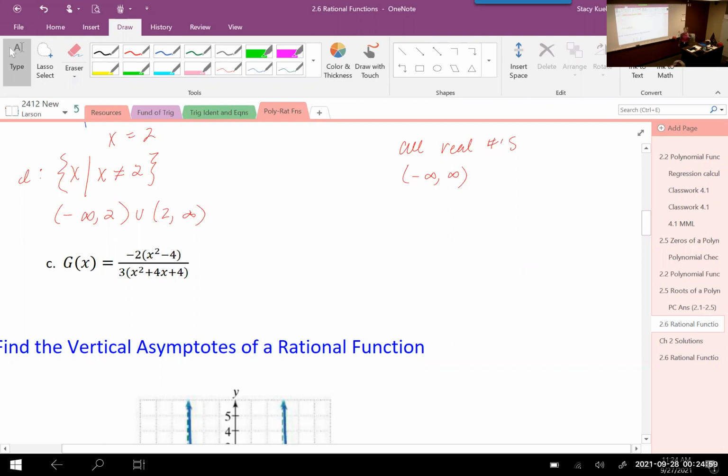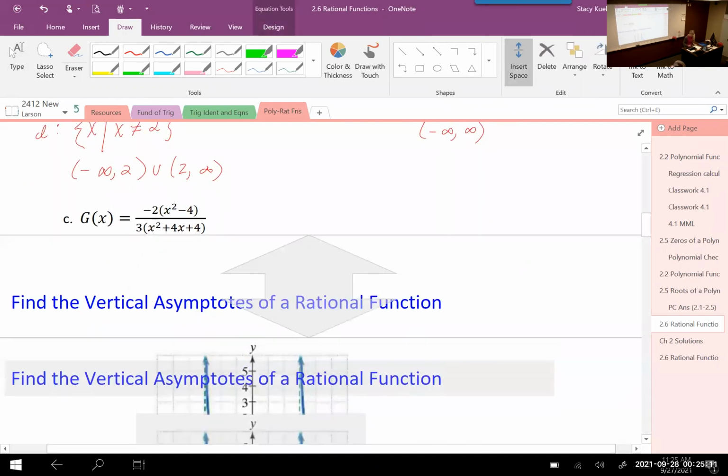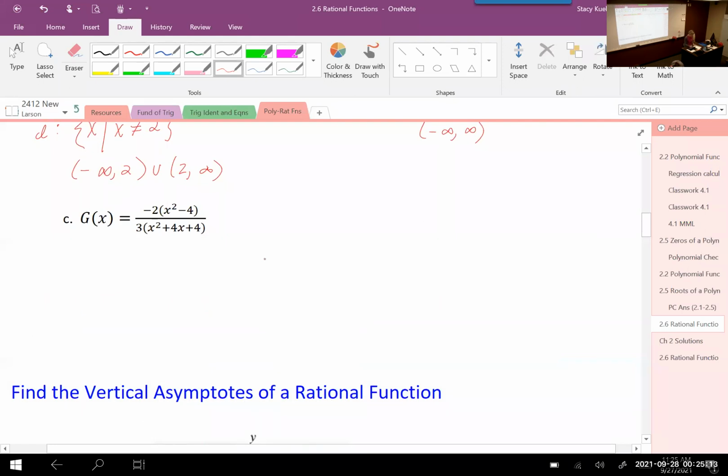That's what I'm asking in this question. What is the domain? What are the possible values that I can use for this function, or what is allowed as far as X is concerned? So I'm going to take the denominator and set it equal to 0. 3 times X squared plus 4X plus 4 is equal to 0.